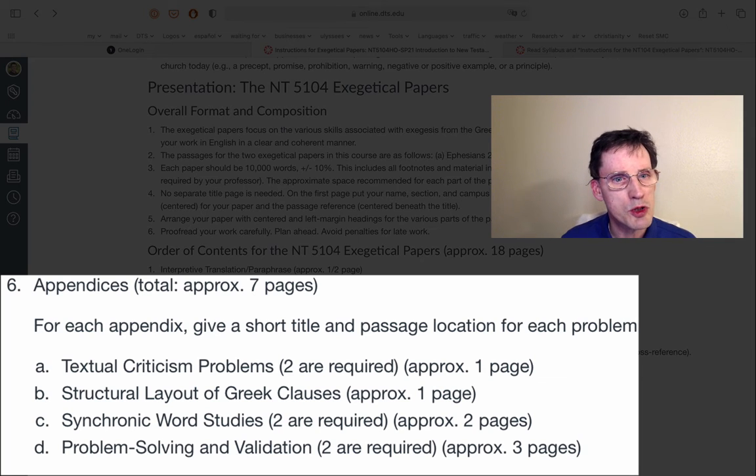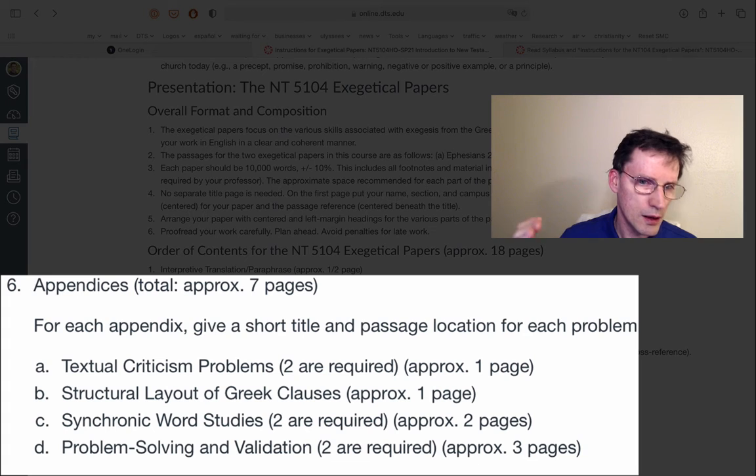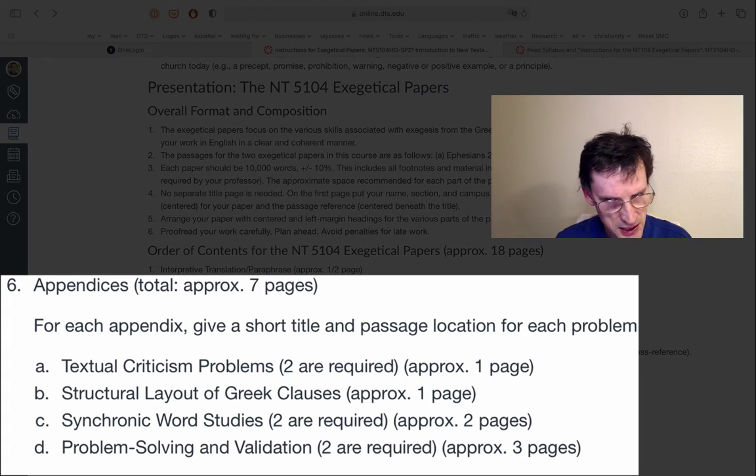And then you want your 2 problem solving and validation problems. So about 3 pages total for that section. Maybe a page and a half for each one, or you might have one that's less than a page, and then you take the balance of that page and you can use that. So 2 of each of these.